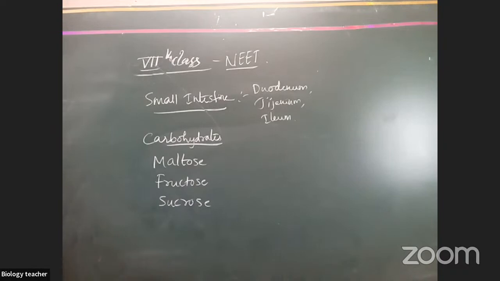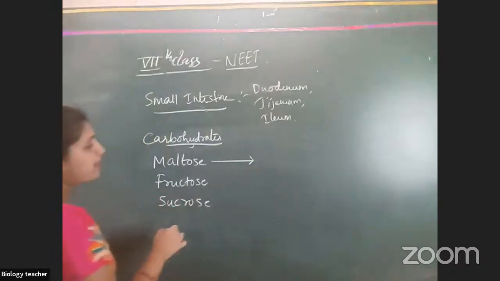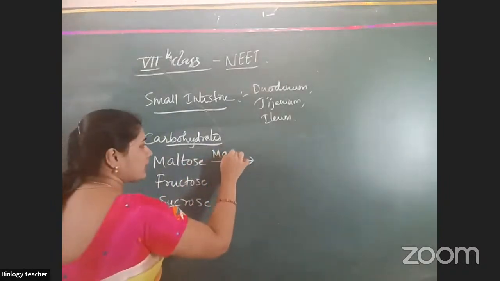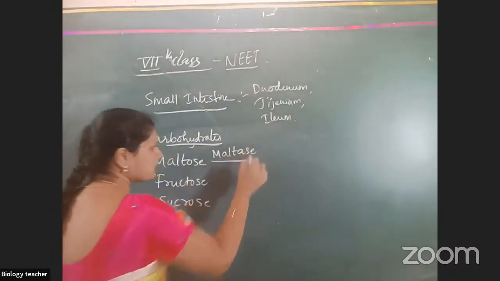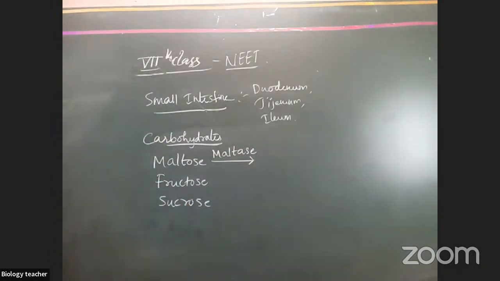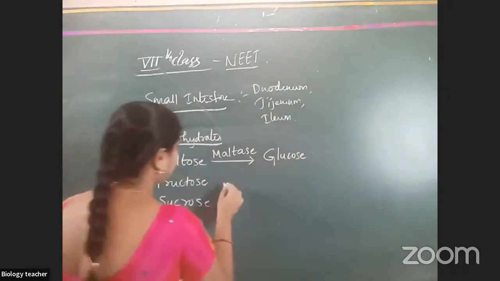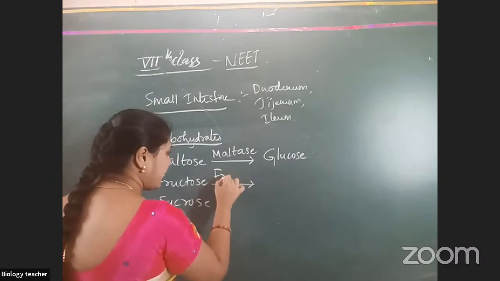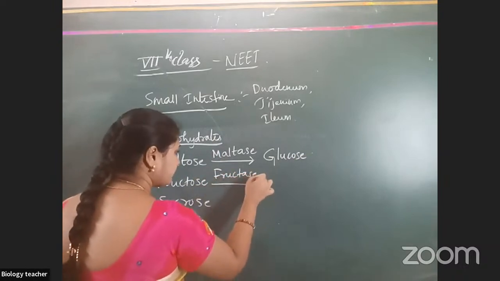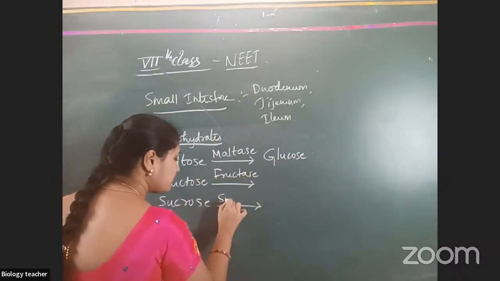Next, maltose. Which enzyme acts on that? Maltase. It will change to glucose. Next, fructase, sucrase.